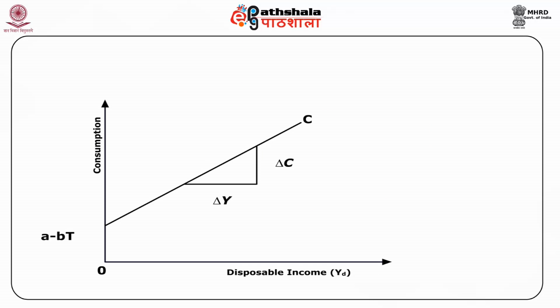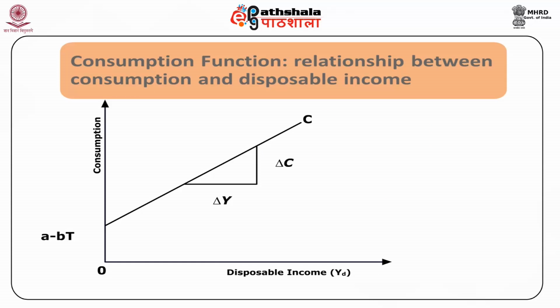Figure 1 presents the consumption function, demonstrating the relationship between consumption, which is the dependent variable, and disposable income, which is the independent variable. The consumption curve C shows that the consumption increases with income, assuming other things remaining constant. Both consumption and income here are adjusted for inflation, that is, are in real terms.